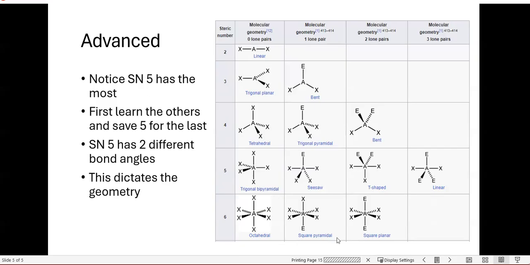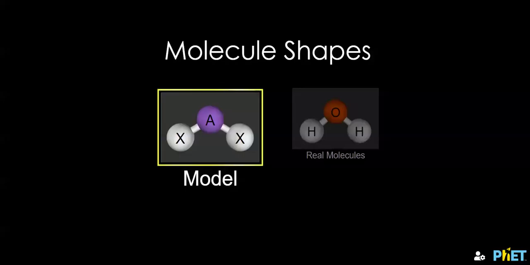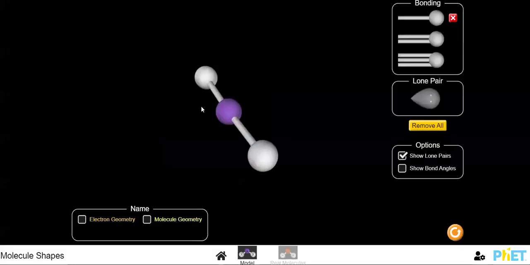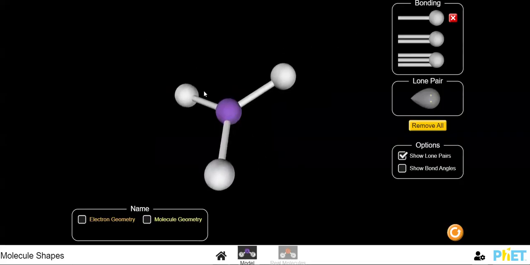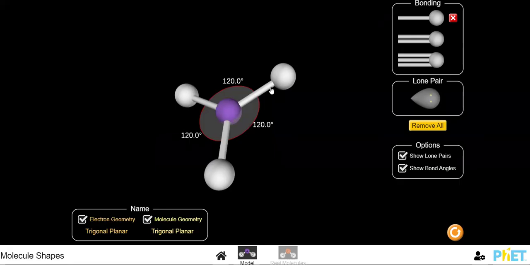All right, and the last thing, I'll just switch over to PhET. If you go to PhET VSEPR, you can come in here and do the model, and now we can see. We start with the linear, and we can add one, and you can see how it comes in at 90 and pushes down, and then you can show bond angles and show the geometries. So I'm just going through the basic ones. These have the same names, and then we'll come back and do the other ones.